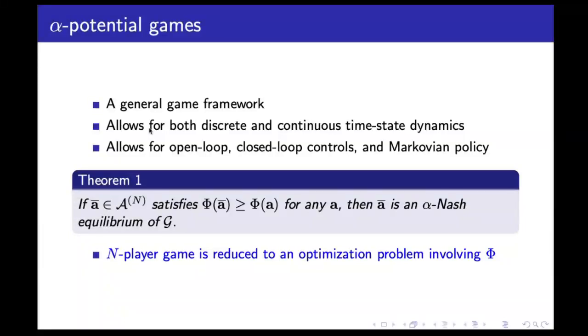It's a general framework. And similarly, if we have an optimizer of the alpha potential function phi, then naturally this profile is an alpha Nash equilibrium. So it still preserves the nice structure that you can reduce the problem of finding a Nash equilibrium to optimizing one single function.